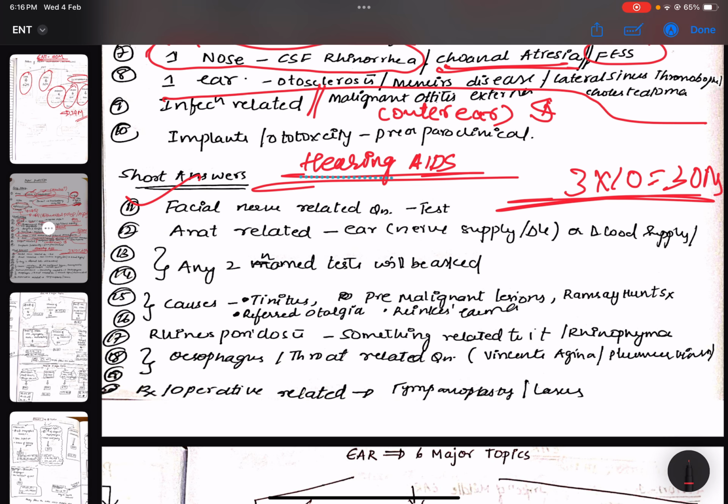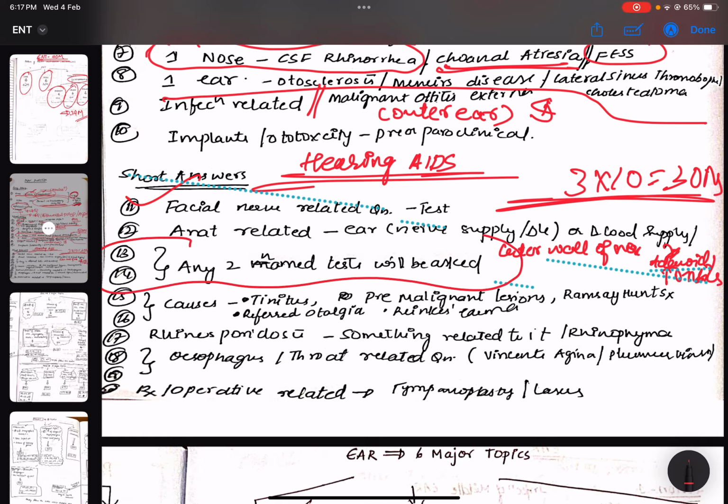One question related to anatomy, for example nerve supply or blood supply of the ear as such, or they might ask you to draw the lateral wall of the nose, or blood supply of adenoid or tonsils. These are like short questions.